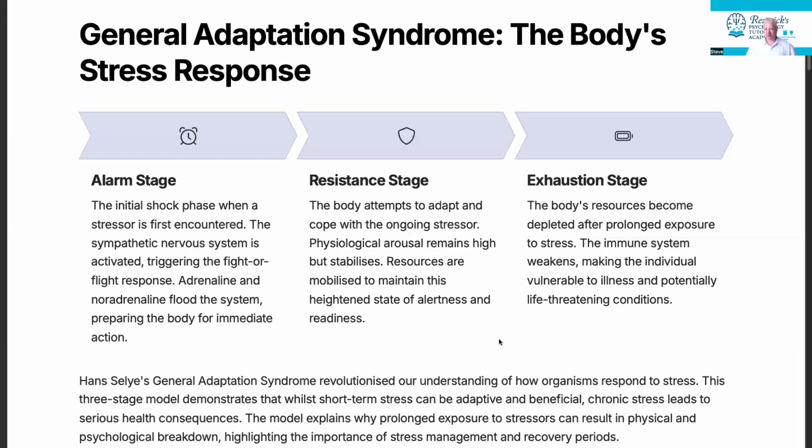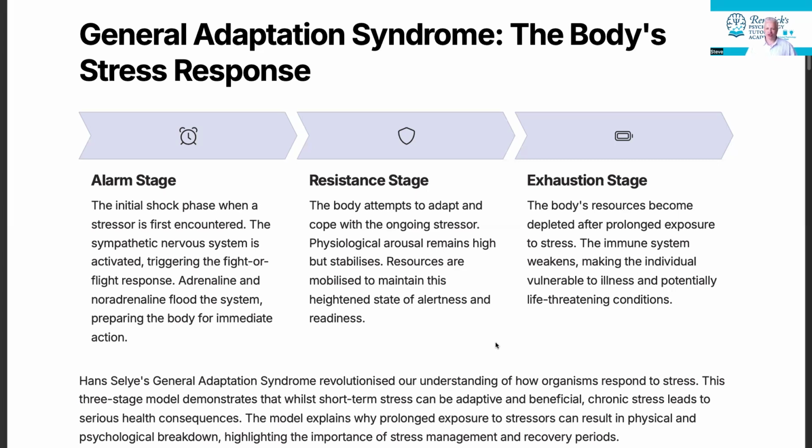The second part is the resistance stage. This is the body's attempt to cope with the stressor, and you get the physiological arousal that remains quite high, and resources are mobilized to try and maintain this heightened state of being ready to fight, flight, or freeze.